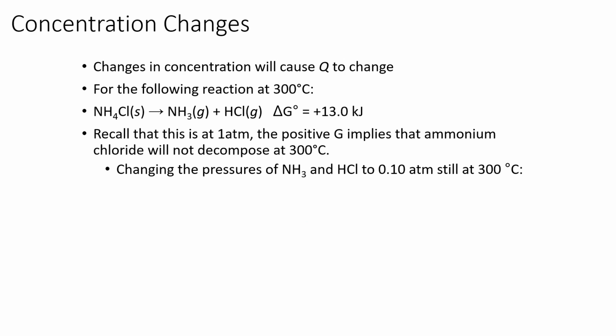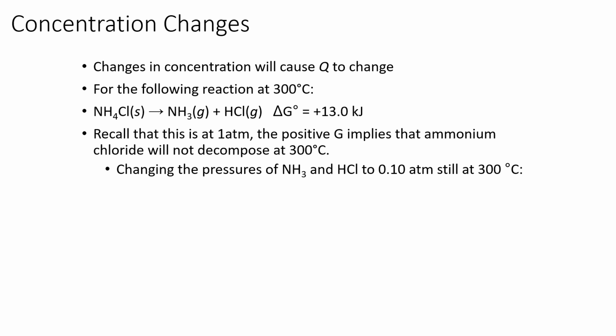Well, we saw in our previous sample problem that changing the concentrations or pressures of gases and aqueous solutions can cause our Q to change. And that can actually lead to changing whether a reaction is spontaneous or not. Now, it didn't in our sample problem, but let's look here where I have ammonium chloride, NH4Cl, which is a solid, decomposing into ammonia and hydrogen chloride gas.